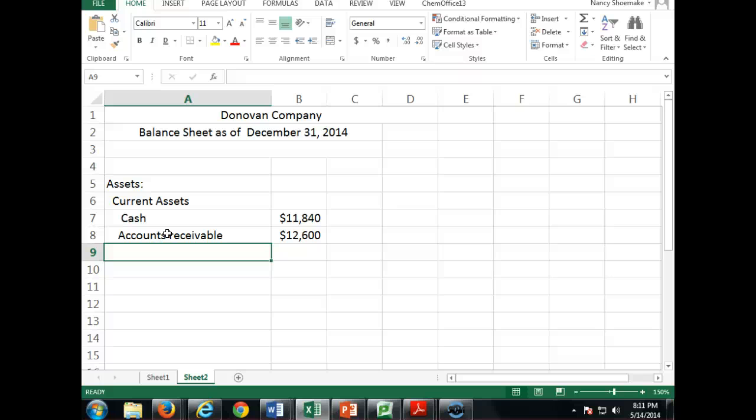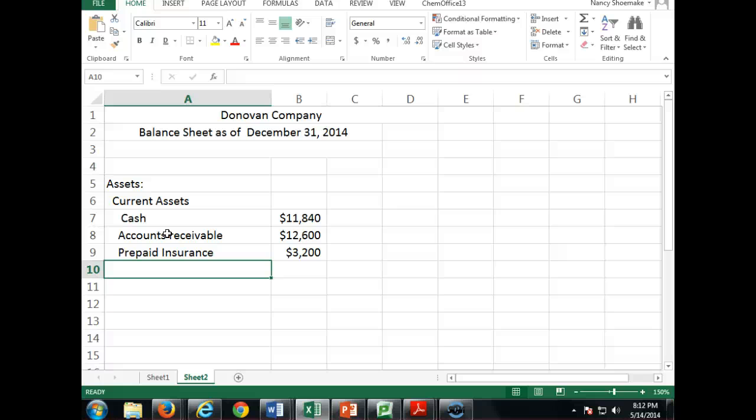What's next? Anyone? Equipment is going to be property, plant, and equipment. So any prepaids? Prepaid insurance. How much is that prepaid insurance? What else would we have?